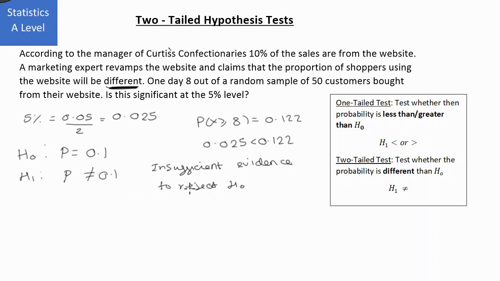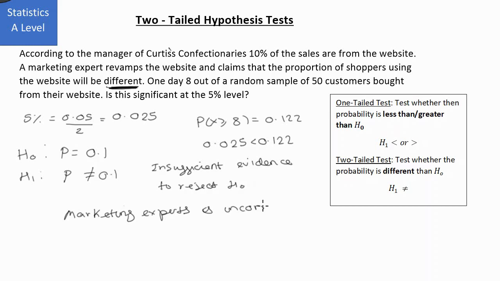Now we need to make a statement about the situation. So if we're keeping the null hypothesis, that means the marketing expert's claim is incorrect. So the marketing expert's claim is incorrect.